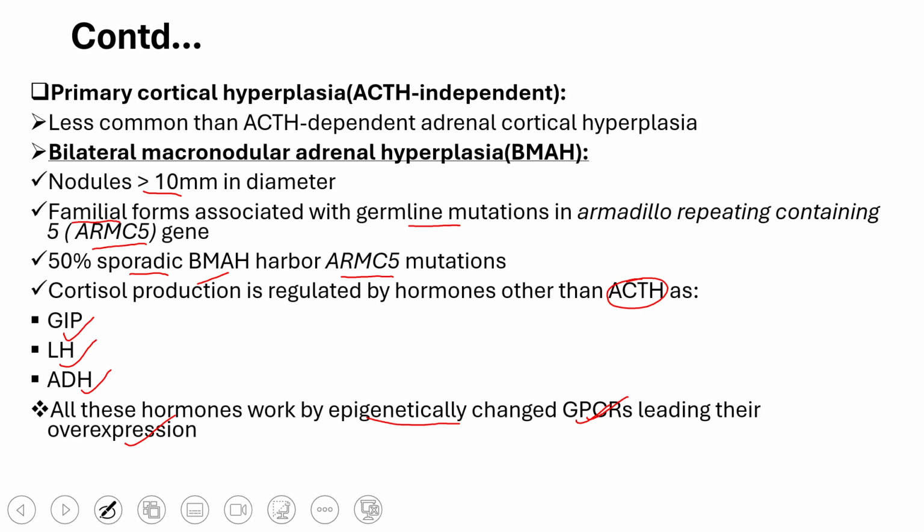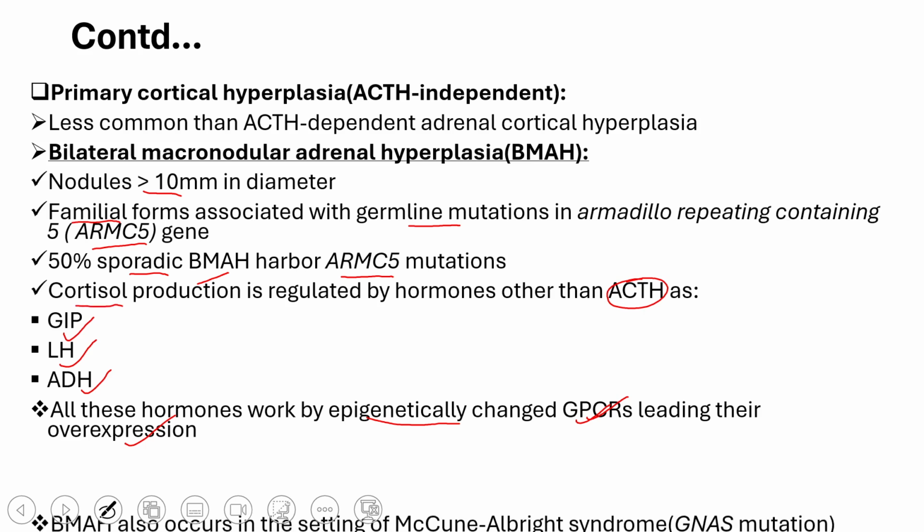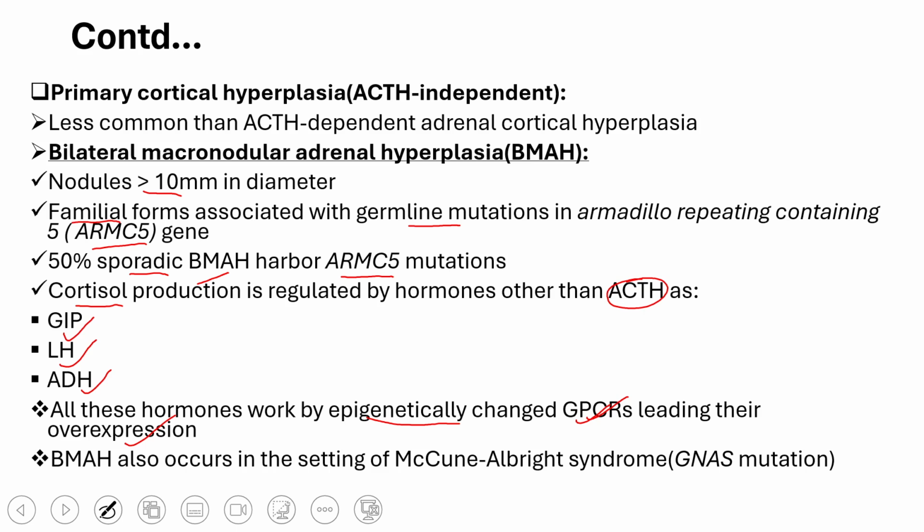That also results in increased sensitivity of cortisol production, and this occurs in the setting of McCune-Albright syndrome sometimes. That is due to a GNAS mutation, where the alpha subunit of the G protein coupled receptor is mutated.